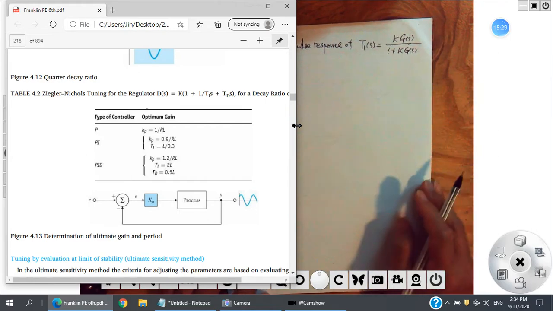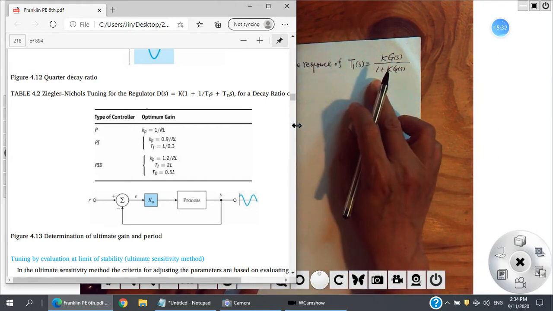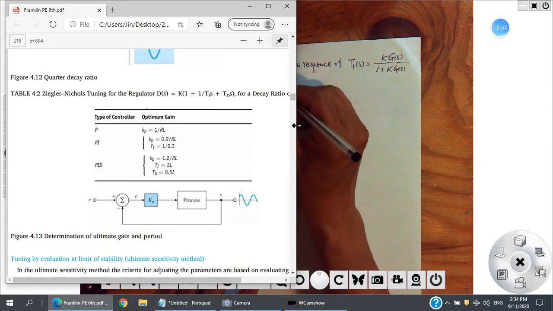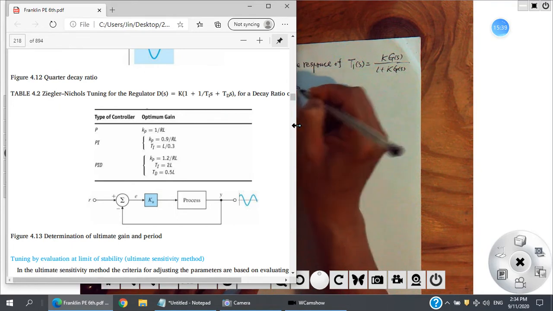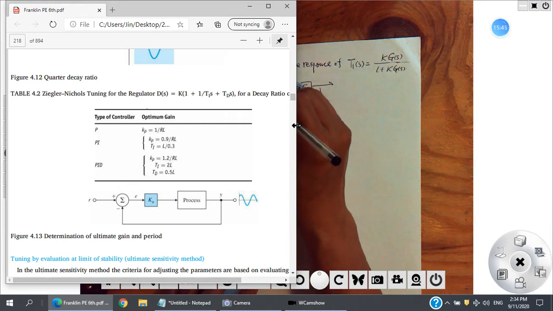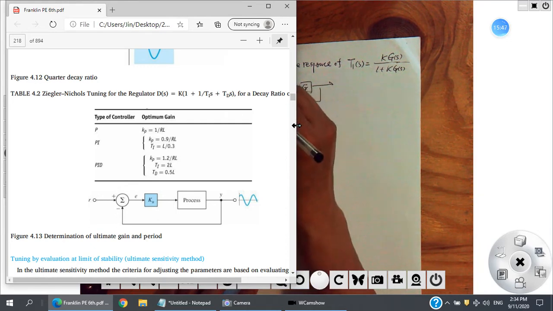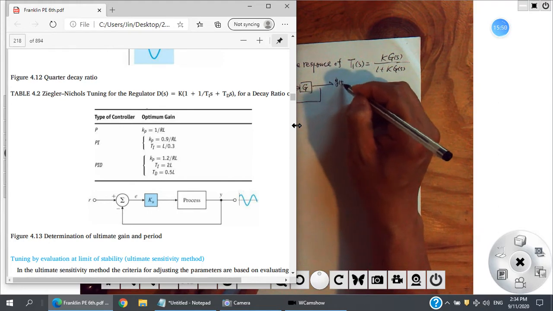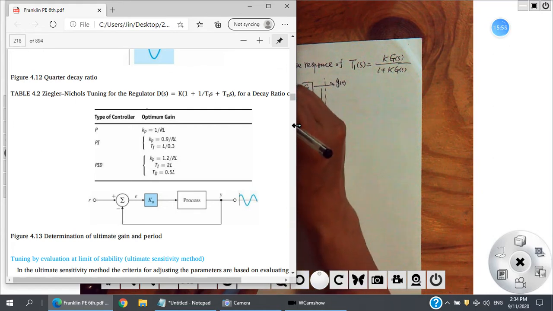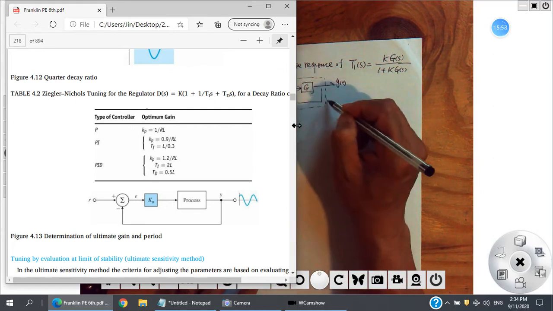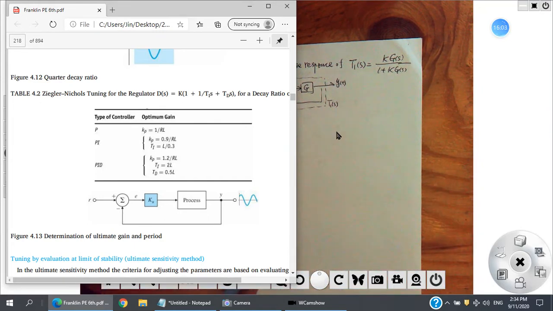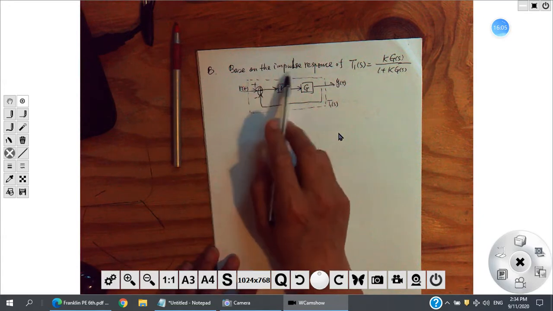This is the response when you only use proportional control. You have a K, then you have a G with a feedback, this way. I call this T1. So it is based on the impulse response of T1.